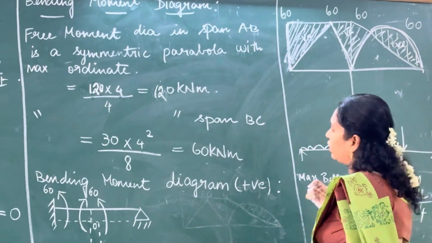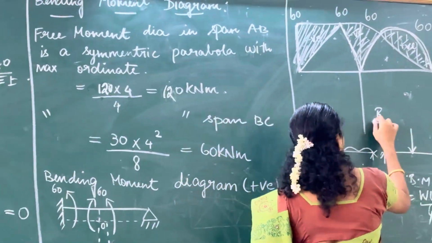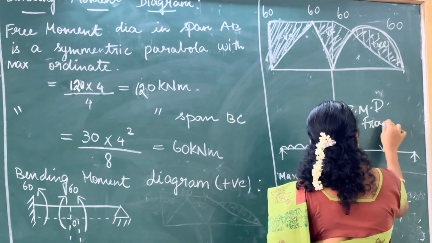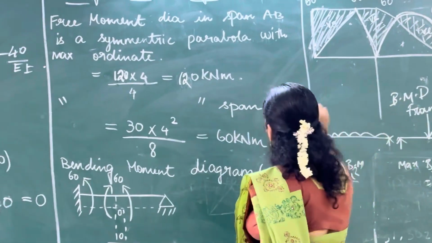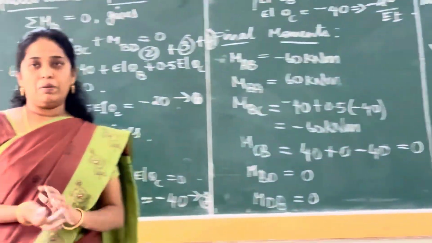These portions also we need to hatch. So this is the final bending moment diagram for the given frame section. This diagram is very important. This is the result of this problem.